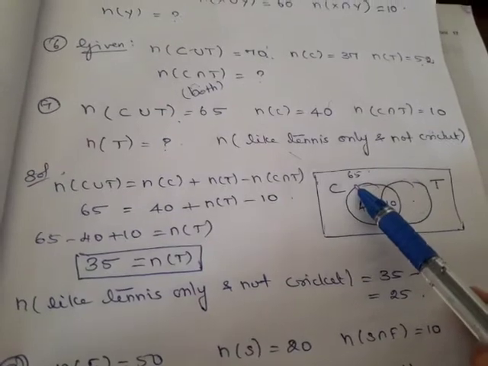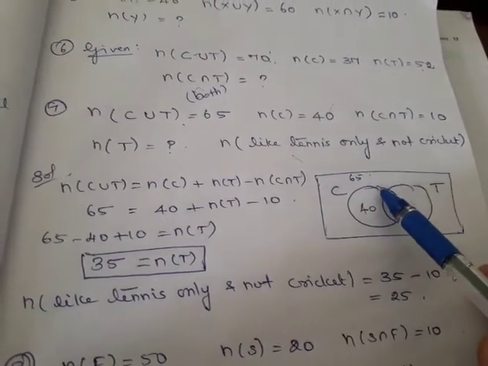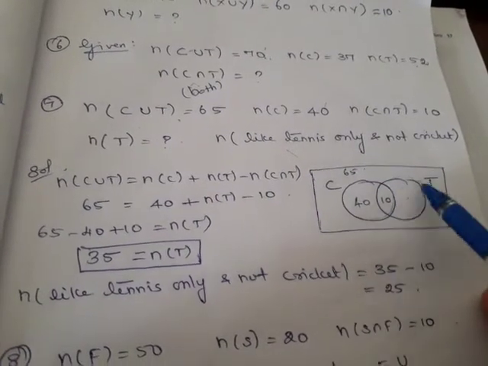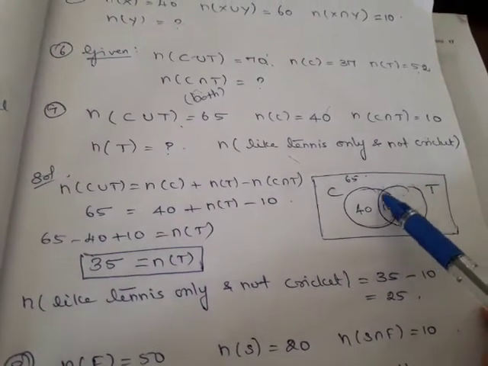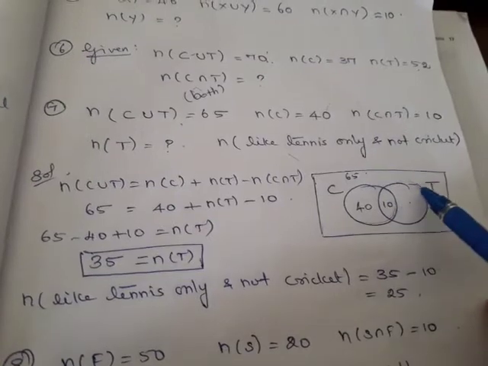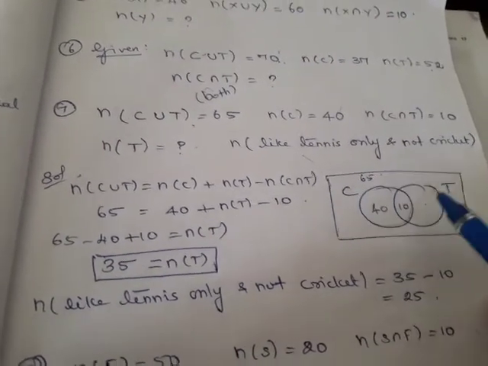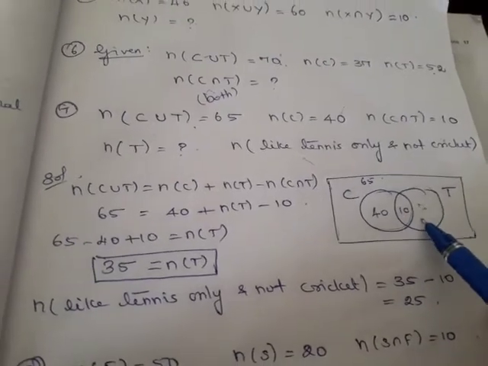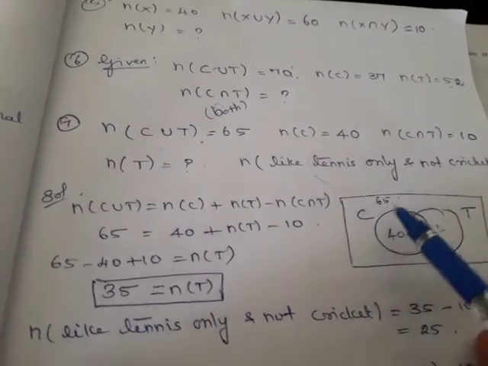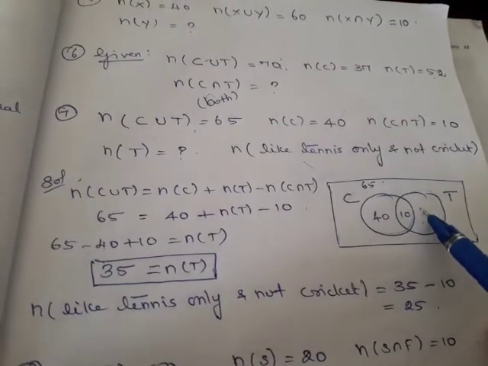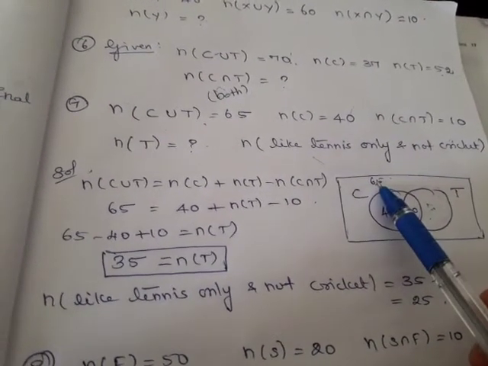n(C) is 40, so this entire circle is 40, and this region, C intersection T, is 10. We don't know what T is, and the union is 65. So how can we find this T? Diagrammatically, if we add all these three regions, we should get 65.